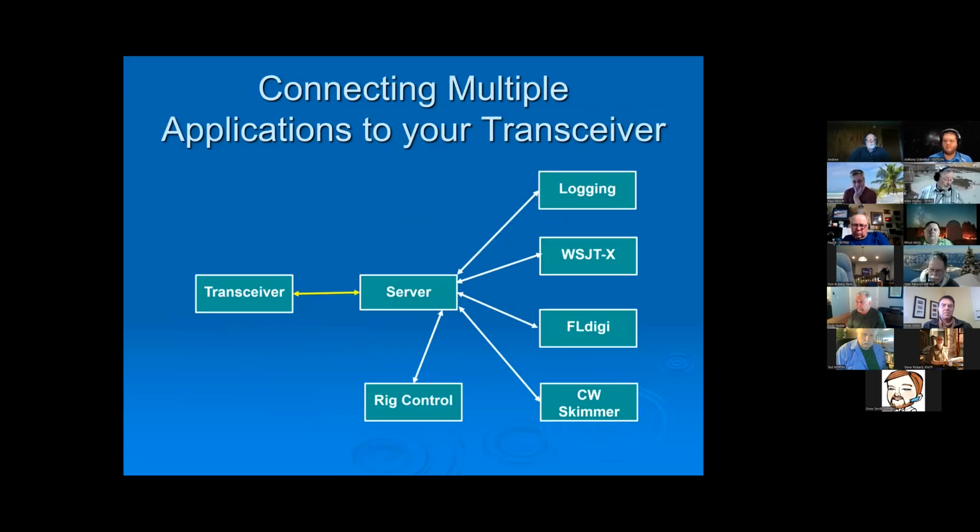This is an oversimplified way, but the picture still shows true that typically we put some kind of a server or some kind of a translator that will communicate using generally CAT commands, and those CAT commands really represent a computer aided transceiver.